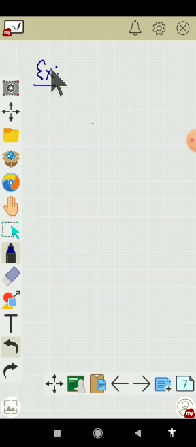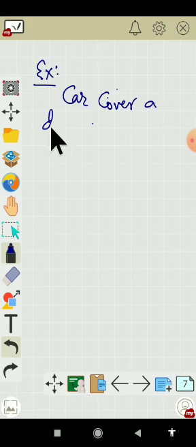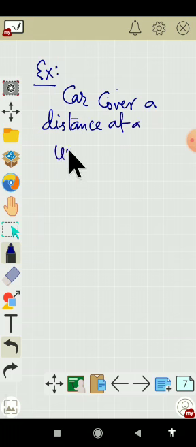An example of inverse variation: a car covers a distance at a uniform speed.